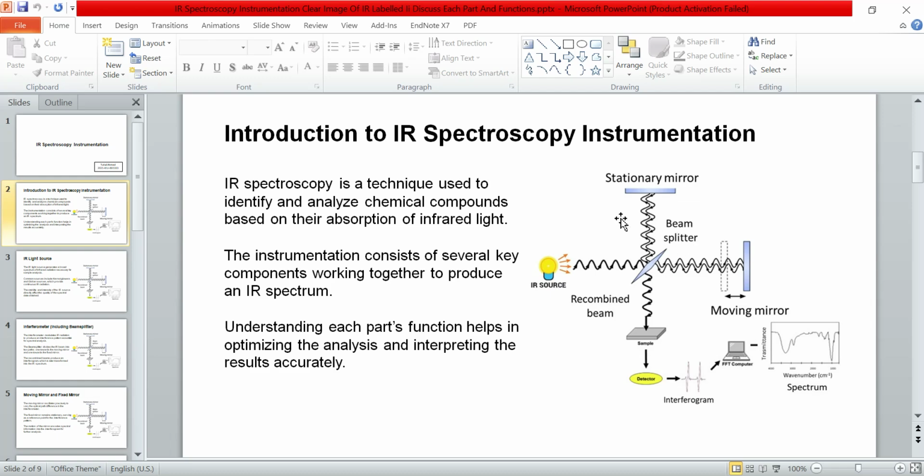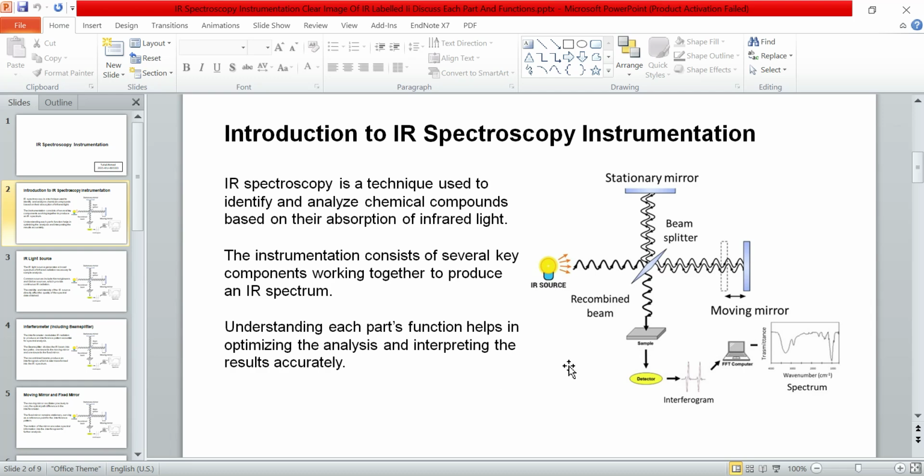We have a beam splitter, stationary mirror, moving mirror, sample, then detector, and from there the interferogram. After that, we have a computer, and at last we can get the spectrum of that compound. We can now study all these components one by one. Understanding each part's function helps in optimizing the analysis and interpreting results accurately.